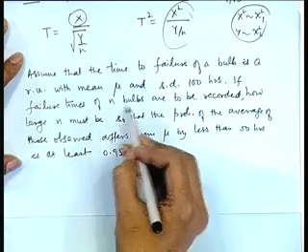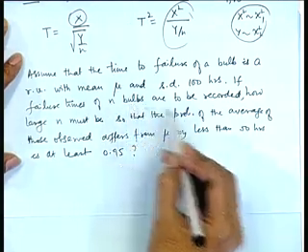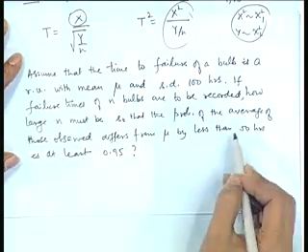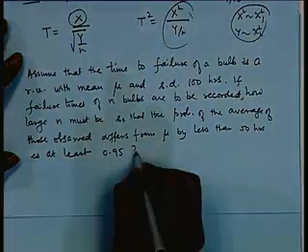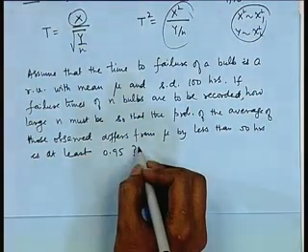That means, how much should be my sample size such that the sample average and the population mean should differ by less than 50, and this probability should be at least 0.95.